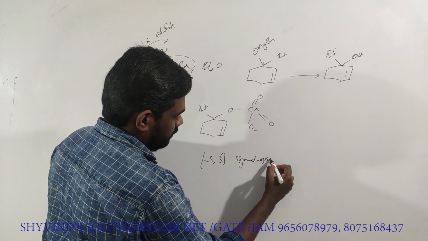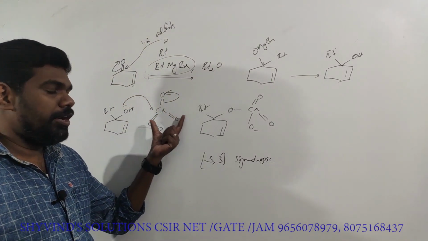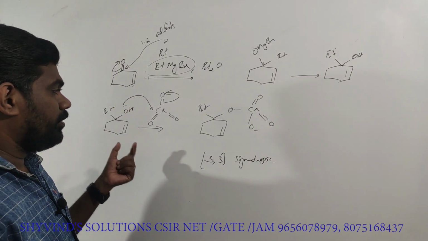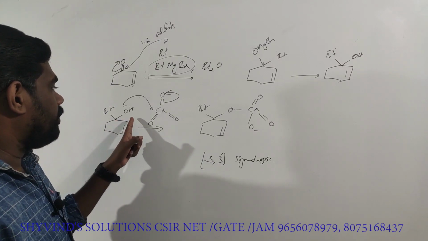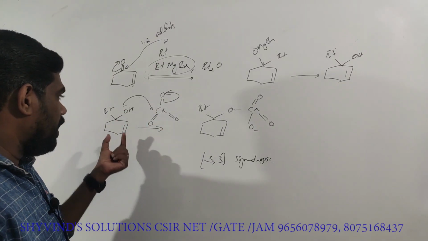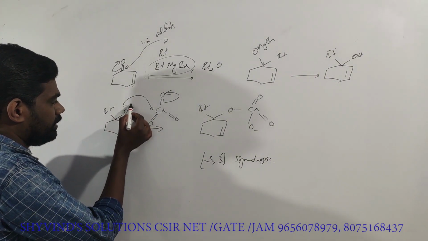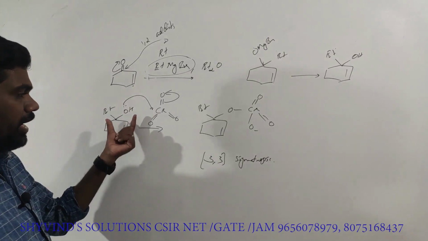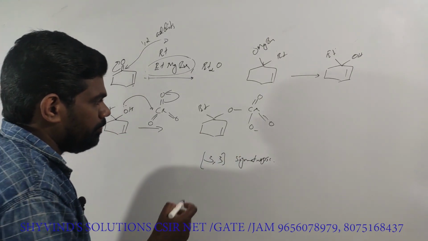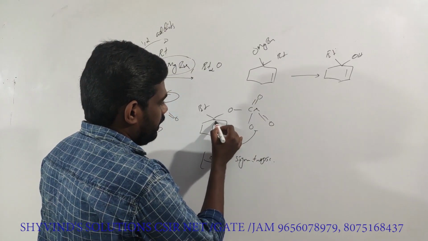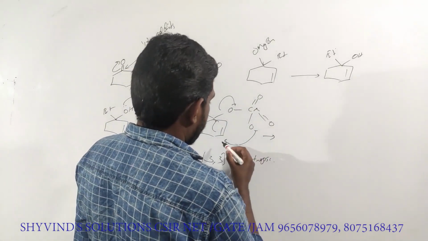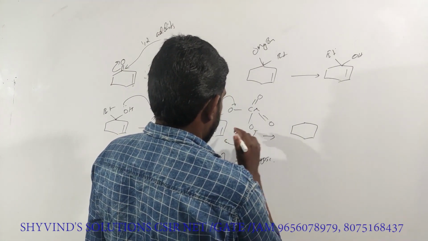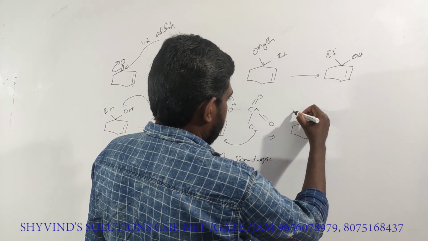We know the application of CrO3. CrO3 is an oxidizing agent. Normally it converts alcohol to aldehyde or ketone. Oxidation of alcohol is the function of CrO3. But this is a particular type of OH. What is the peculiarity? This is an allylic OH. If you have an allylic OH, the reaction will be like this. So it will undergo a 3,3 sigmatropic reaction. So it will be like this. The double bond will be here. Et is here.